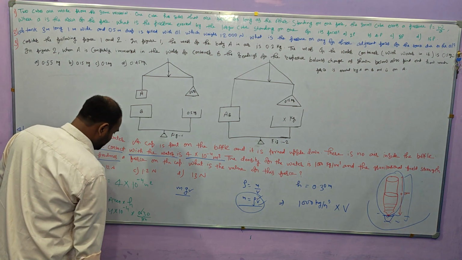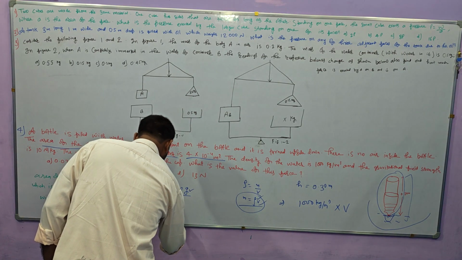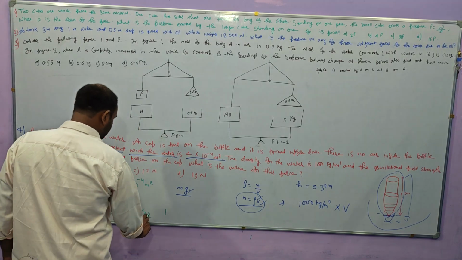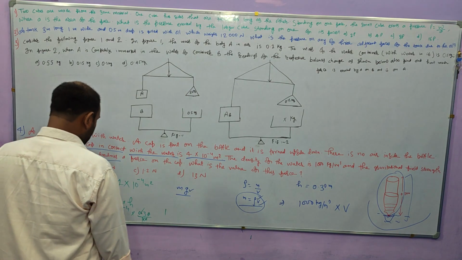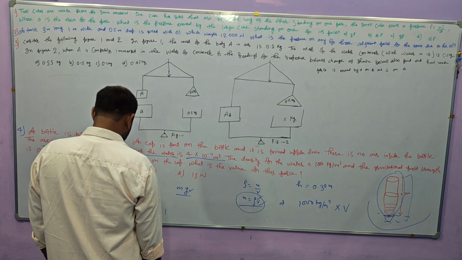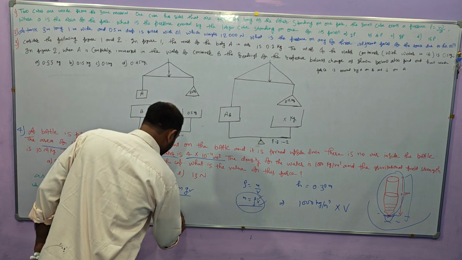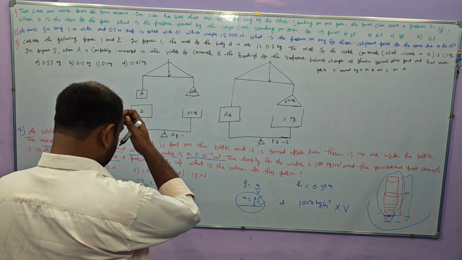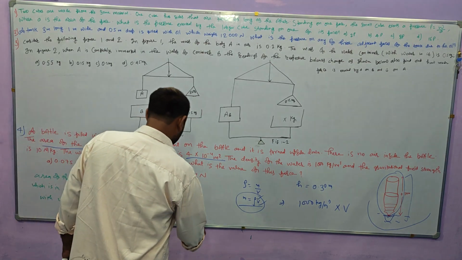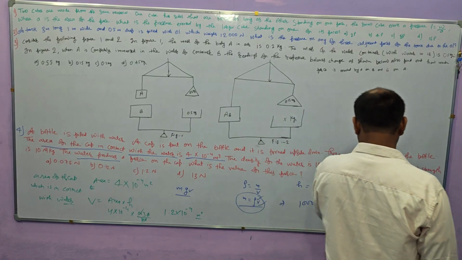So it becomes 1.2 into 10 to the power minus 4 meter cube volume, and that volume is equal to the volume of water.